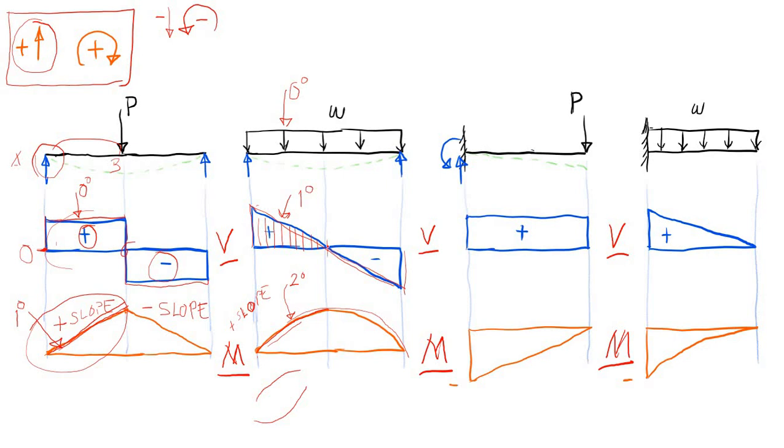Now, beyond this point, we now have negative shear, and take note that the intensity of our shear is now increasing. Since the intensity of our shear is increasing, the slope of our moment diagram should also be increasing in intensity and in the downward direction.